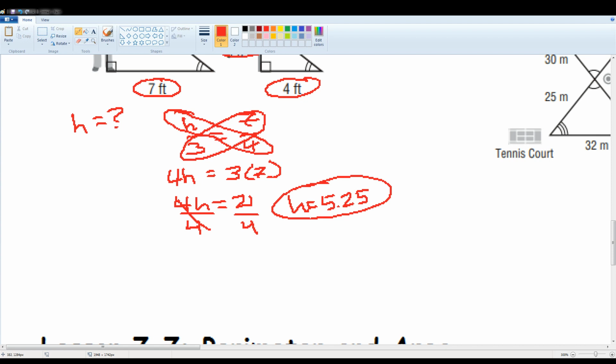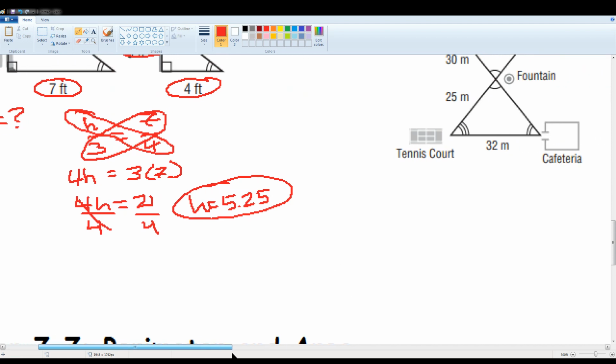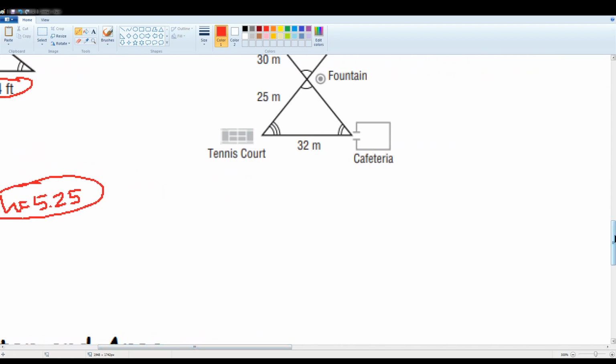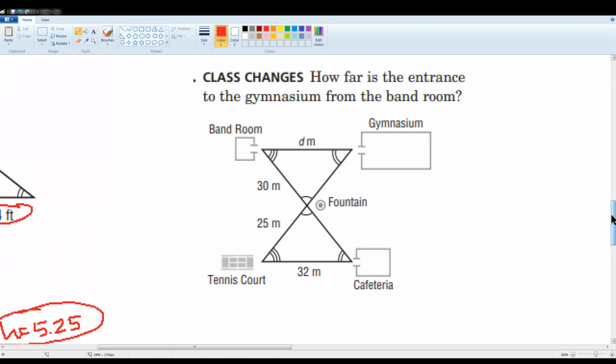Okay, next problem. Here it's a little bit trickier because the triangles are reversed, but go ahead and try to solve finding how wide is the distance between the band room and the gymnasium, D. Okay. Again, I would write D over 32, because that's the corresponding side, new over old, equals 30 over 25.